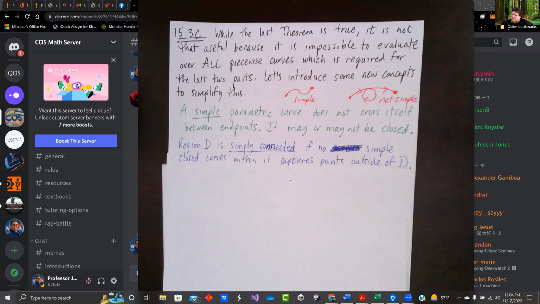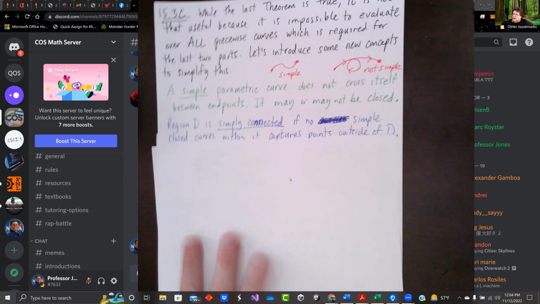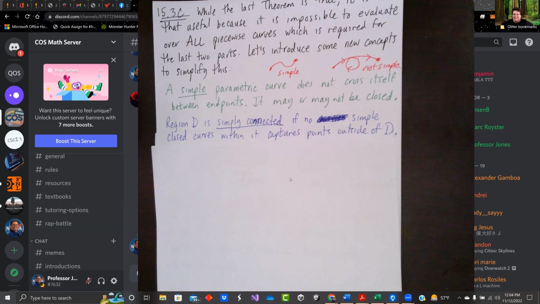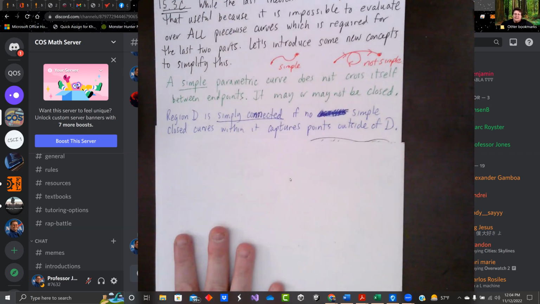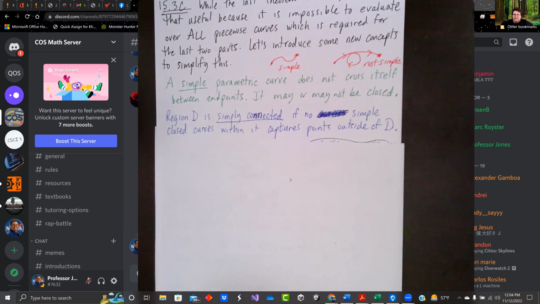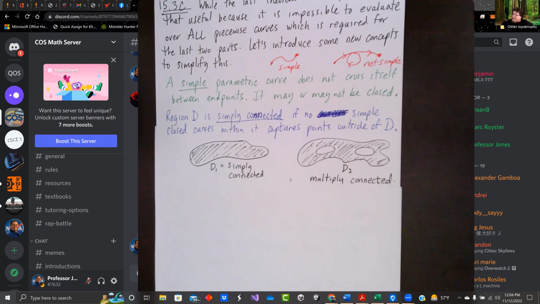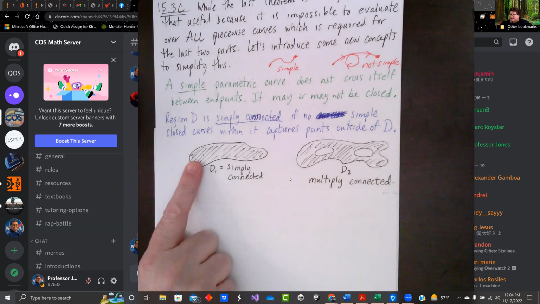And when we want a simply connected region, it has no holes inside of it, is the big point. A simply connected region does not capture any points outside of D. Visually, this one is simply connected.